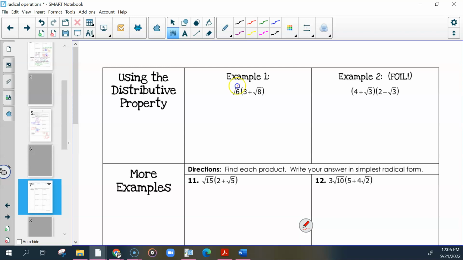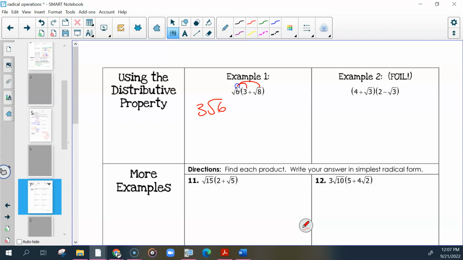So here we would multiply these two and multiply these two. Because here we're still multiplying the outside number. So this would be 1 times 3 times the square root of 6. So you would still have to put both.